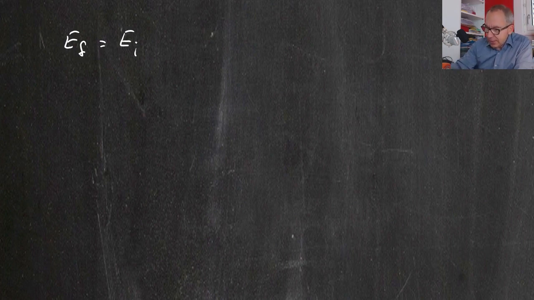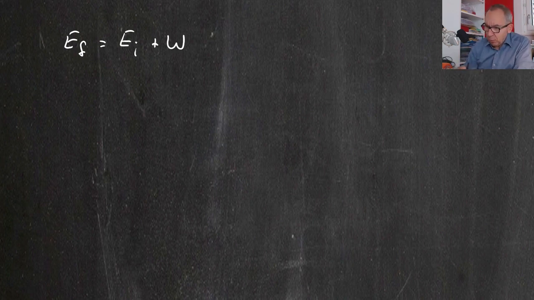The easiest approach is if we use conservation of energy with an external force. The final energy is equal to the initial energy, but here we have added the force by electricity, so it is plus the work done.